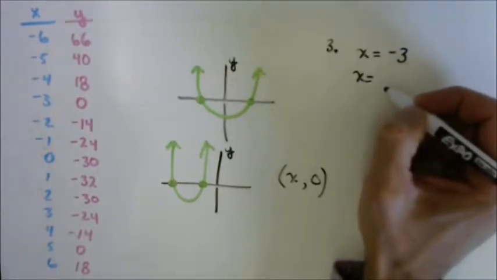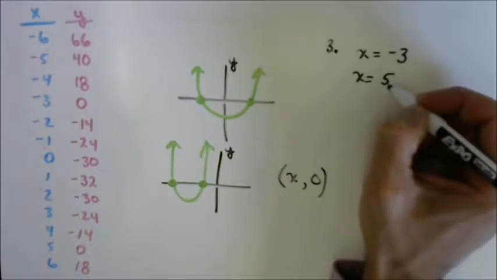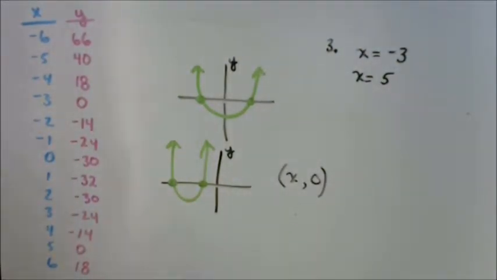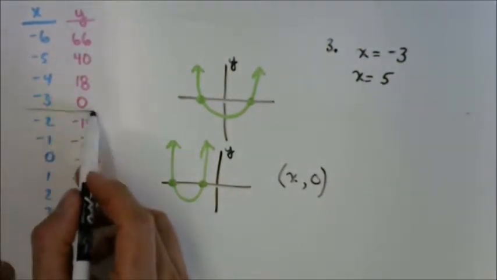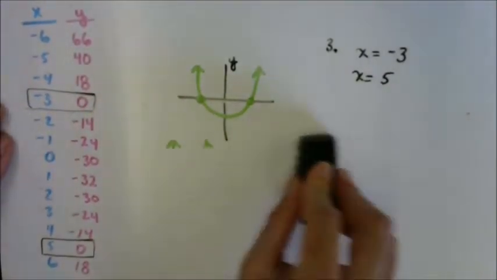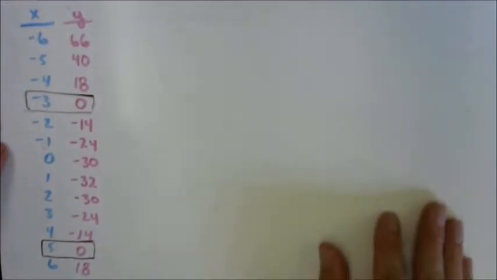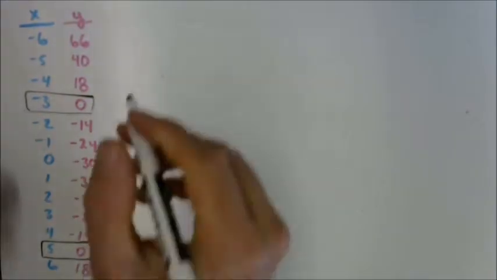And where x equals 5. So those are your x-intercepts, because that's where y is 0. y is 0 at -3, and y is 0 at +5. That makes those your x-intercepts. Okay? Can't forget that. That is hugely important, because now what we need to do is it says, how do they relate to the equation?